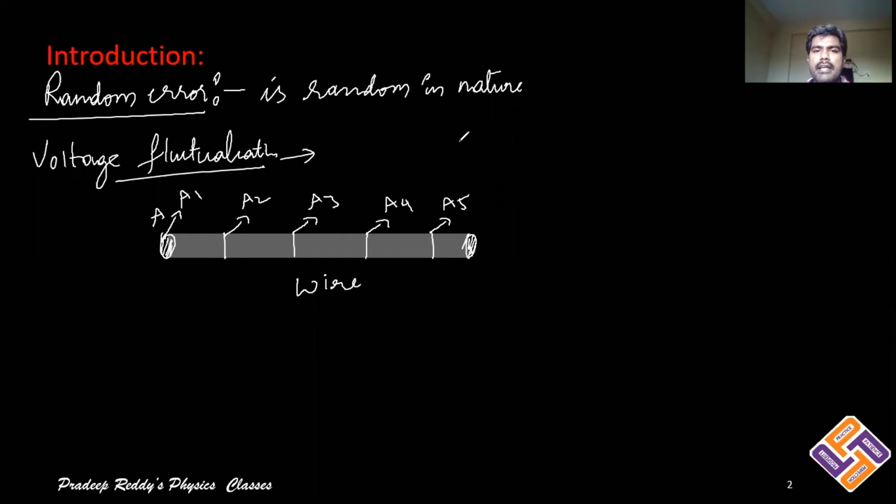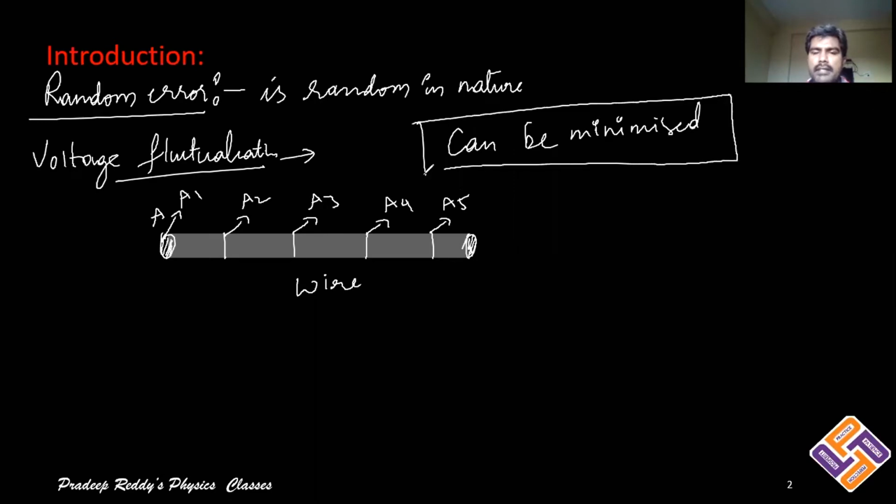Random errors can be minimized. Remember, random errors cannot be corrected, but they can be minimized. Minimizing in the sense that if the error is a very large value, by taking some necessary precautions you can minimize it, but you cannot correct it.